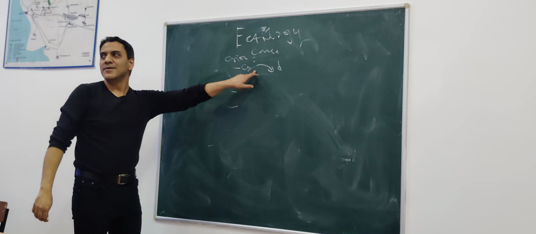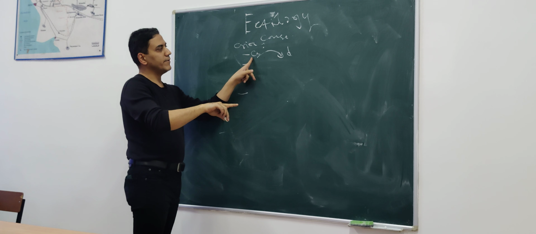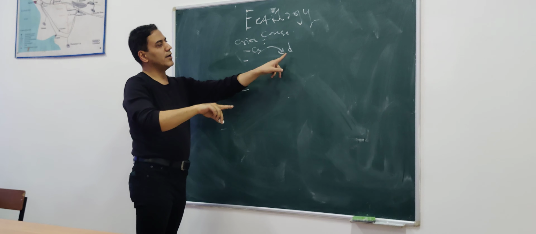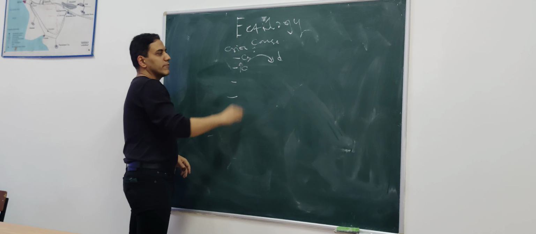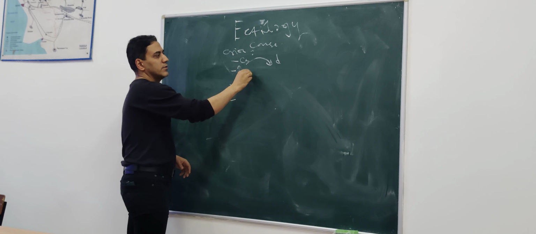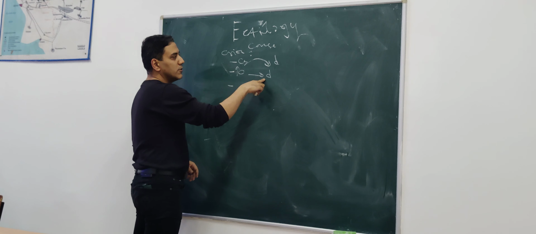Parallelism means a parallel relation between the severity of the causative factor and the severity of disease. What does it mean? The heavier the causative factor, the more severe the disease will be.